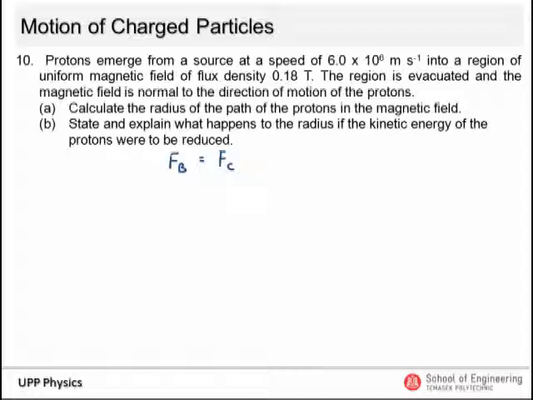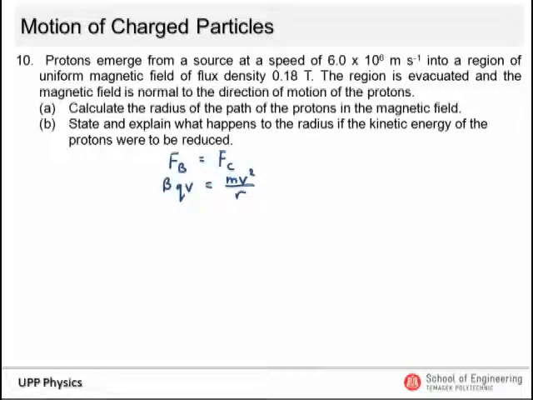Now, the formula to calculate the magnetic force is BQV, and the centripetal force is given by mv squared over r. B represents the magnetic field, Q is the charge of the protons, and v the velocity of the protons.